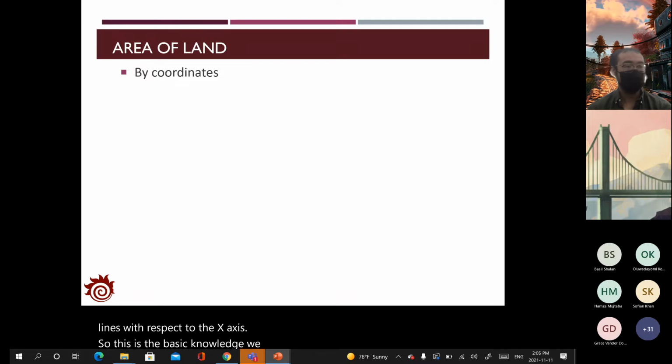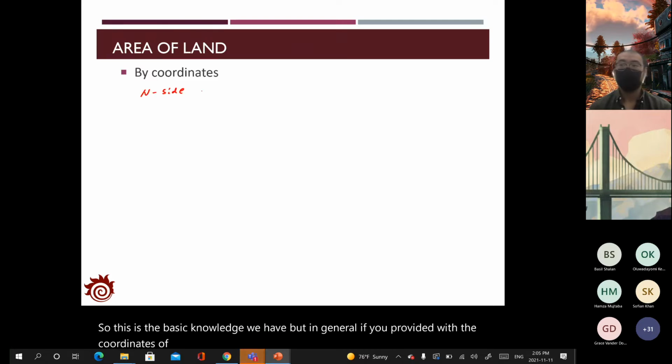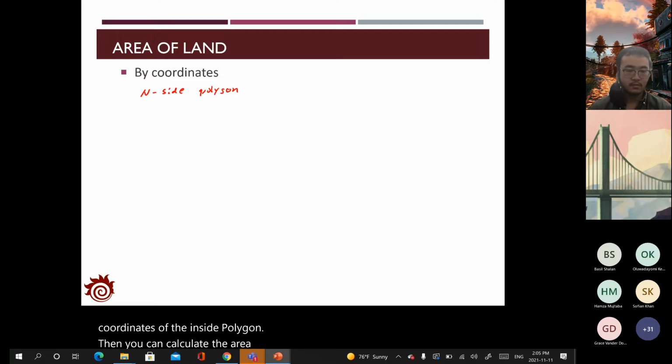But in general, if you provide it with the coordinates of the inside polygon, then you can calculate the area with two equations.